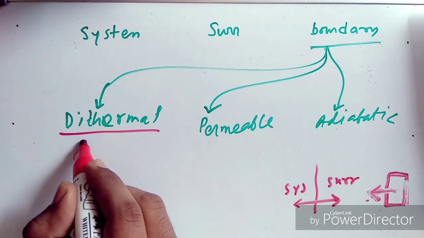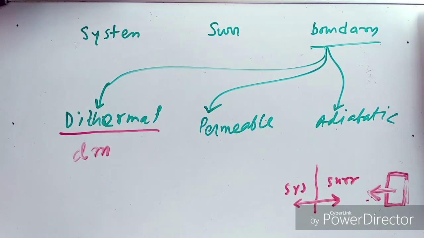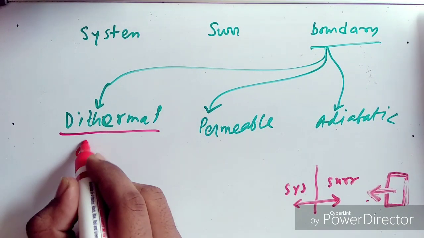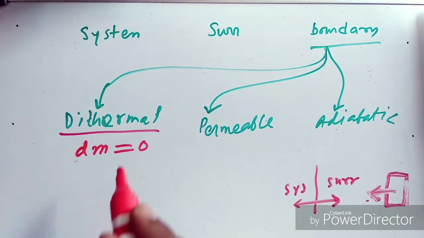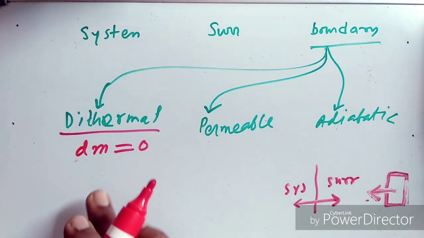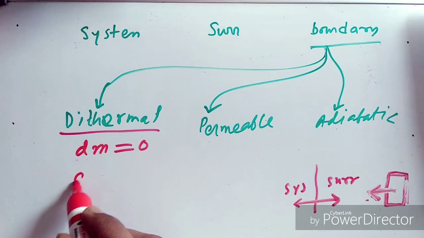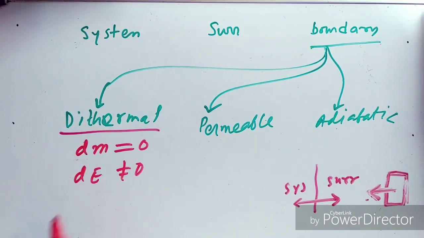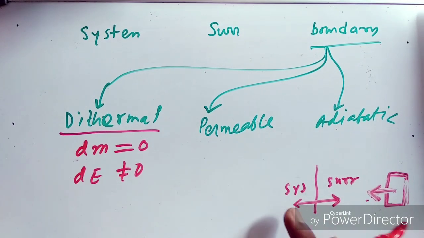That is the dithermal boundary: dm equals 0, the change of mass is 0, but the change of energy is possible between the system and the surrounding through the boundary.